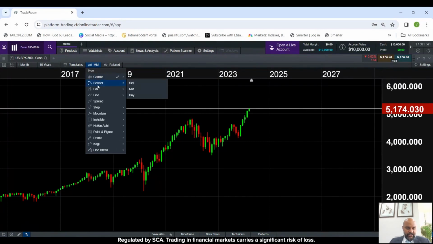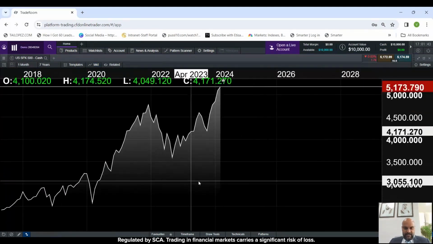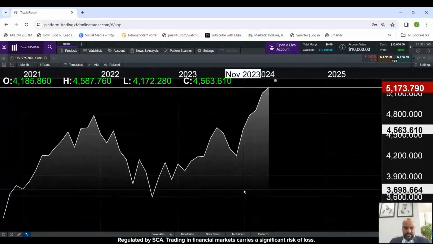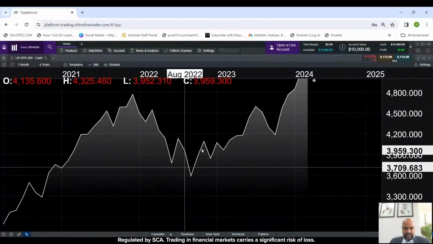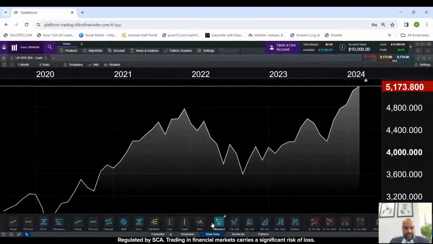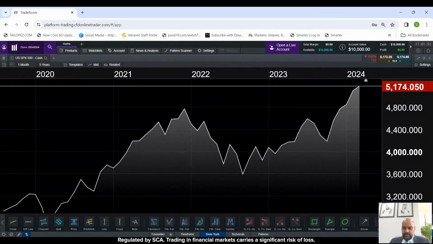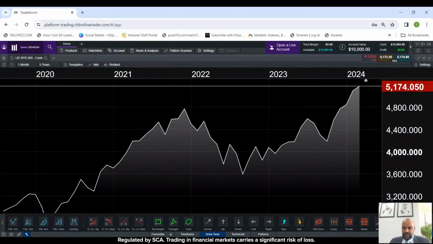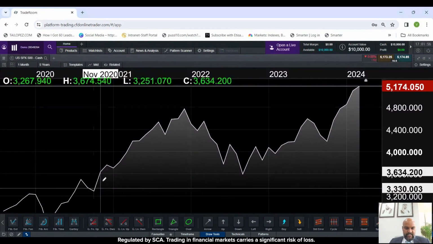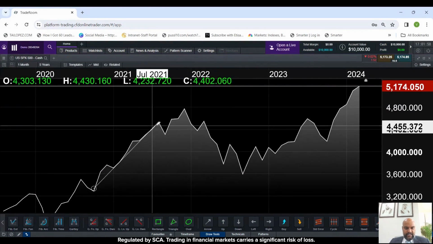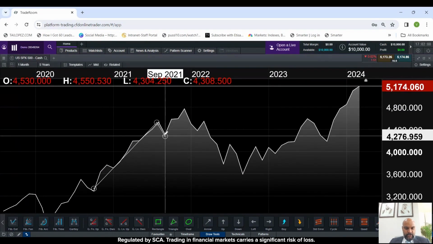Now if I go to my line chart, head and shoulders is what we were discussing. This was the reverse head and shoulders, but there was also another head and shoulders that I did not mention in the demonstration, which is here. We see the price rallying up, then we see a drop.